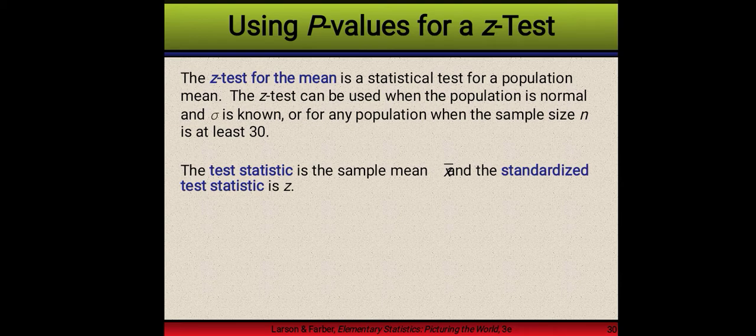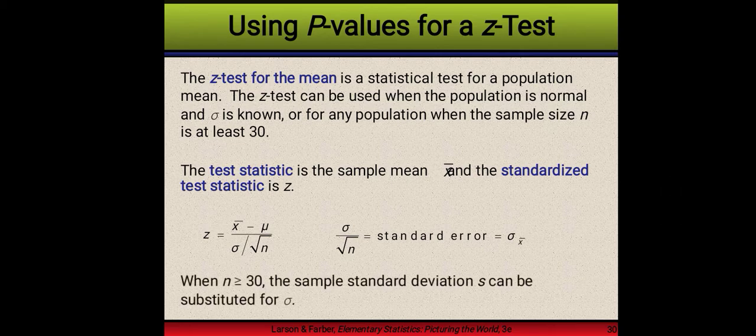That is the formula, as you have seen on the screen. When n is not greater than 30, the sample standard deviation s can be substituted for sigma.